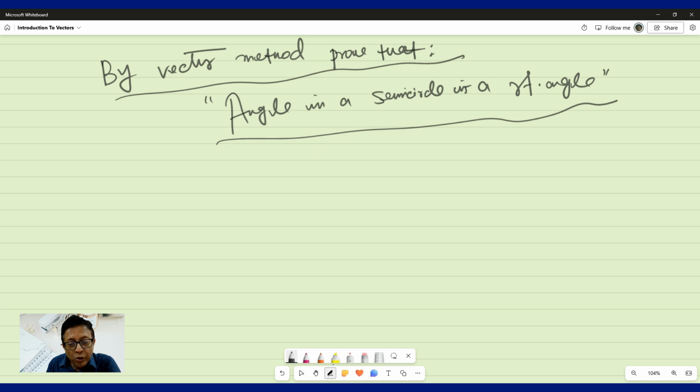So let me draw a semicircle here. AB, O is the center. This is a semicircle.